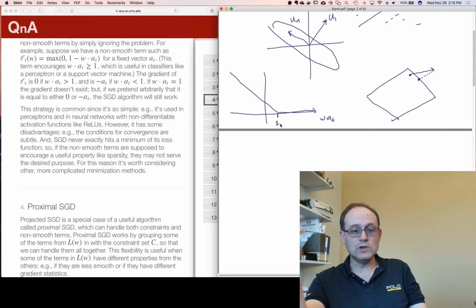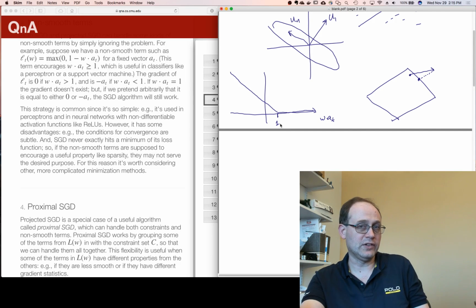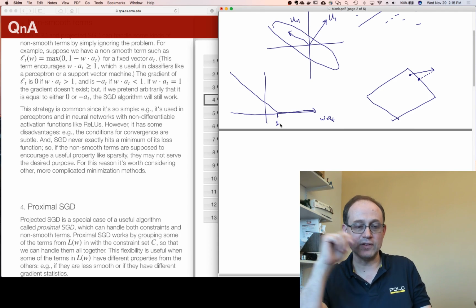That's useful in classifiers like a perceptron, where you're trying to get the dot product between W and A to have a positive sign.